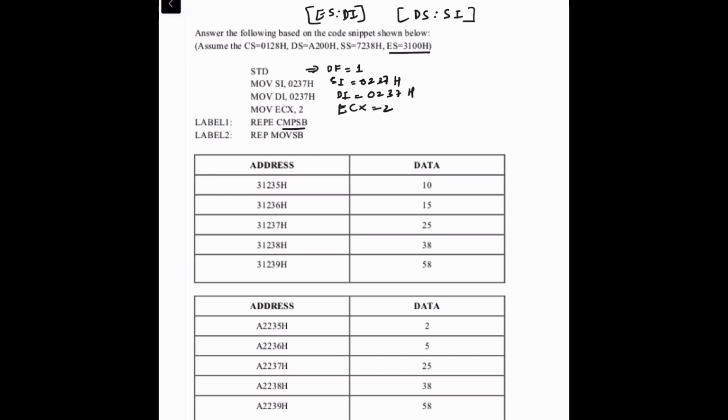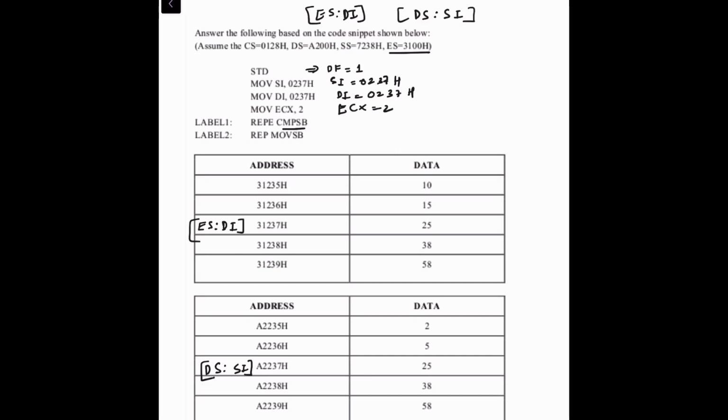So it is this ES colon DI and DS colon SI. So this is the initial address at which SI and DI are pointing to.